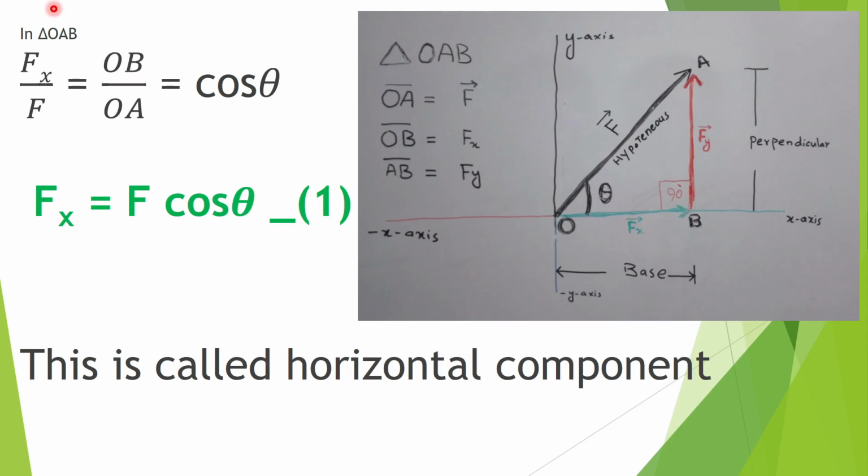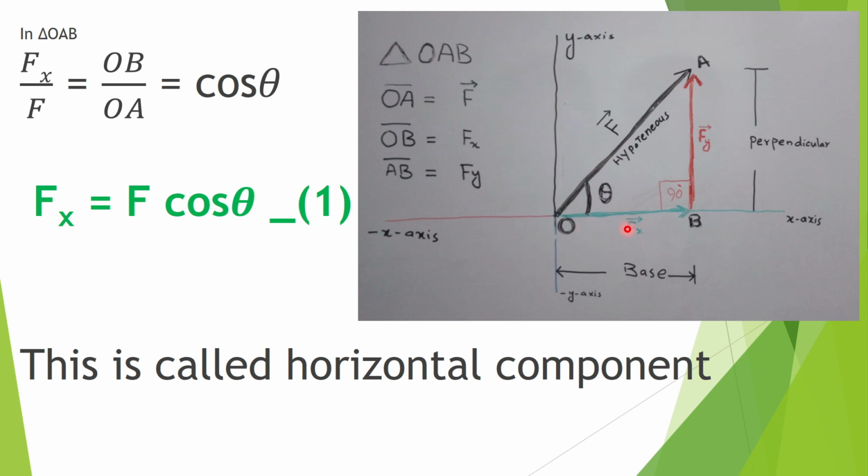Now in triangle OAB, Fx over F equals OB over OA. So OB equals Fx and OA equals F, and this is equal to cos theta. Why cos theta? As I told, cos theta equals base over hypotenuse.